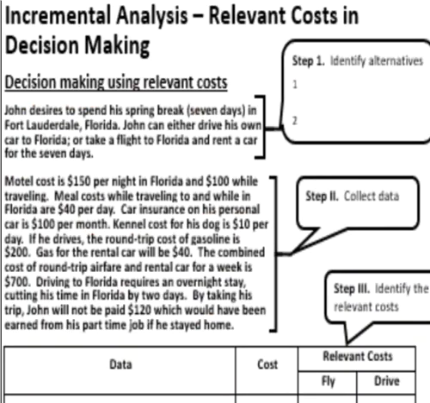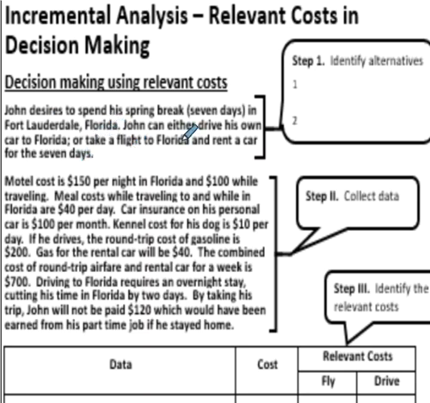And this is an exercise in identifying relevant costs as part of the decision-making process. Let's go ahead and at least read the first paragraph here. John desires to spend his spring break, which is going to amount to 7 days, in Fort Lauderdale, Florida.